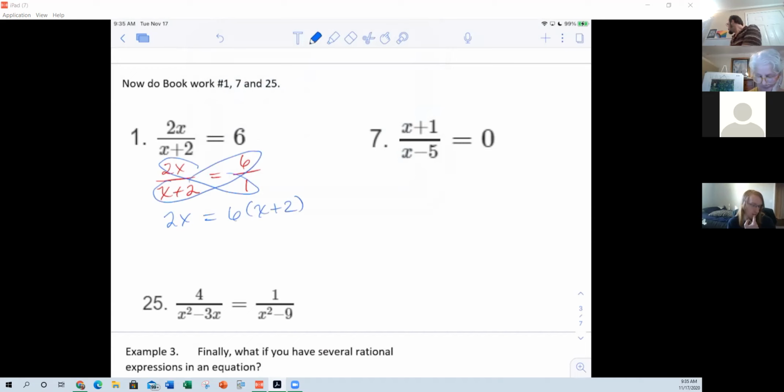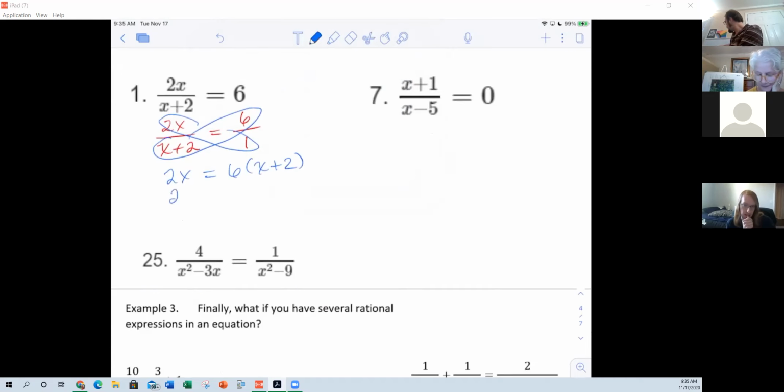Then we'll distribute the 6. It becomes 6x plus 12. Then I subtracted 6x from both sides, and 4x equals 12. I divided the 4 into the 12, and I got x equals -3.